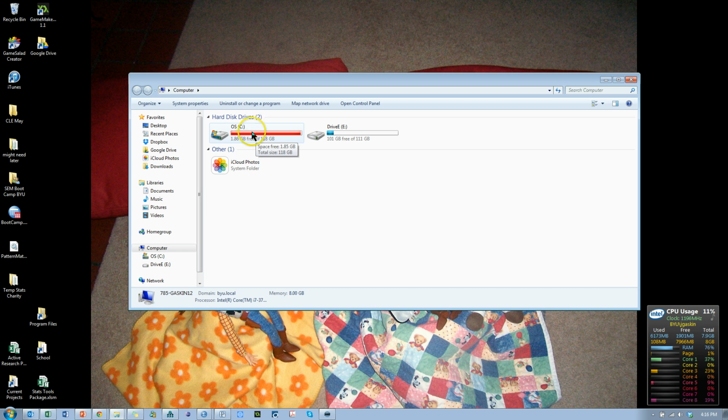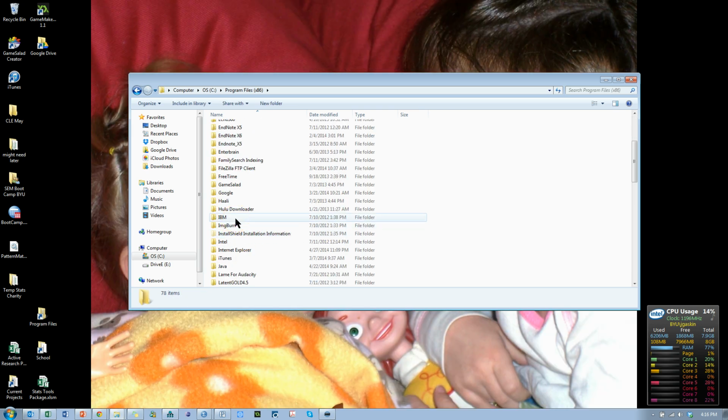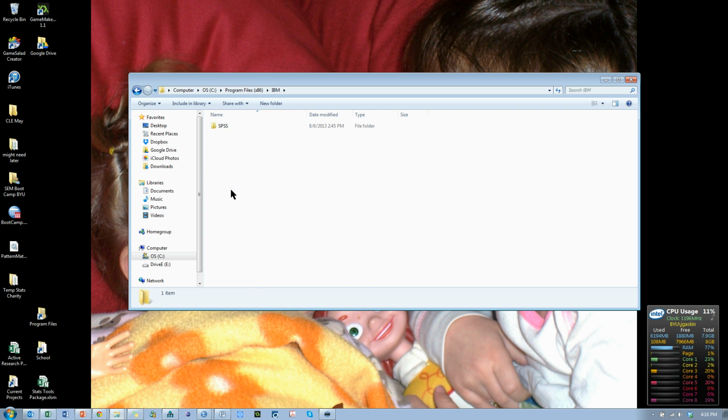All right. So you'd open up my computer, go to Program Files or Program Files x86. If you have that one, it's in x86. If not, it's just in Program Files. IBM, I think, SPSS. And you can see my trail up here at the top if you're falling behind.